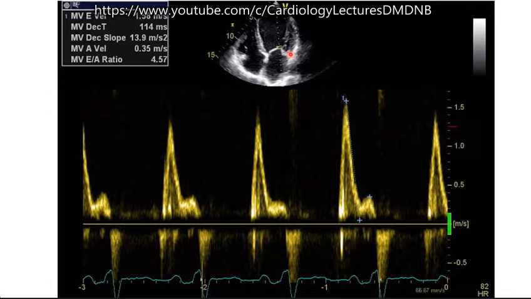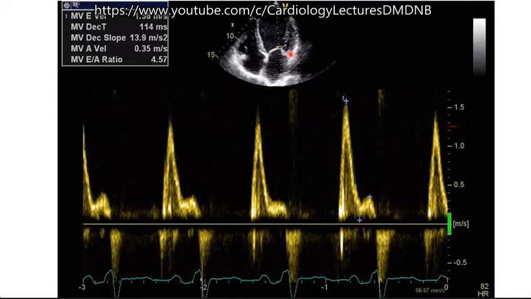Then what is the hemodynamic mechanism which makes the deceleration time shorter? It is because the early rapid filling phase is fast. Yes. When the rapid filling occurs, what happens to the LV diastolic pressure when there is a restrictive pattern?